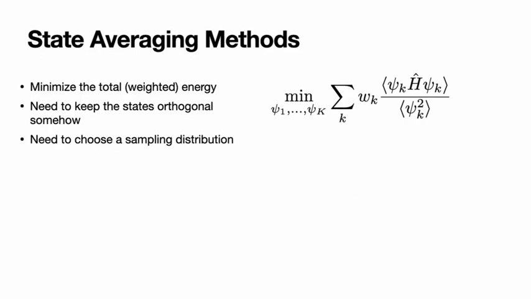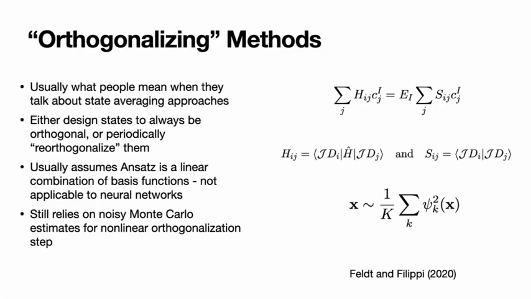Among state averaging methods, most methods that people use today assume that the different states are orthogonal and, again, they're minimizing a weighted sum of the energy of different states. In the most common methods, you have to assume a certain functional form, like a Slater-Jastrow ansatz. So it might be a sum of determinants that share a multiplicative Jastrow factor to account for cusps.